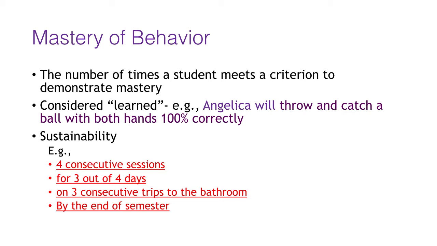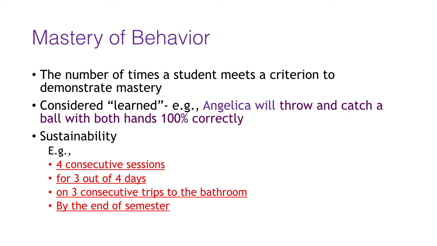We want to see that the behavior is maintained at a high level, consistently, right? Today, the day after, the day after that, like 3 days in a row, something like that. Then we can say the student mastered that behavior.